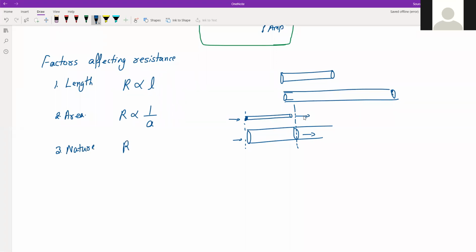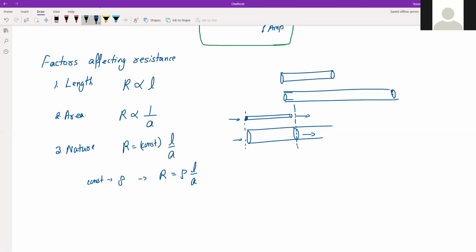So we say that R is equal to some constant into L divided by A. And what is that constant? That constant is rho. And we will see what rho is. So for the time being, R is rho L by A, where A is the area of cross section.